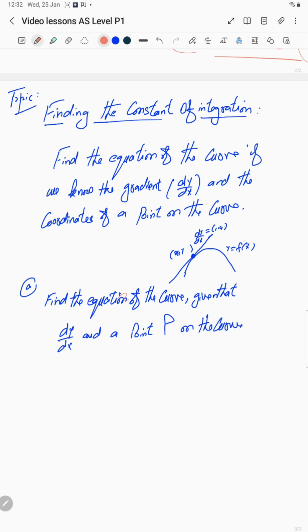So here you are going to find the equation of the curve when you are given dy by dx and a point on the curve.